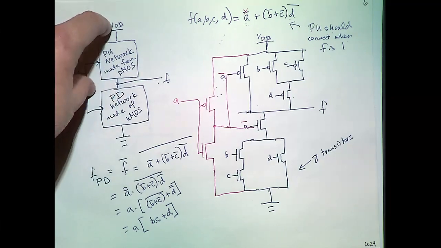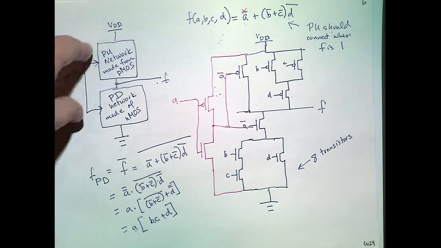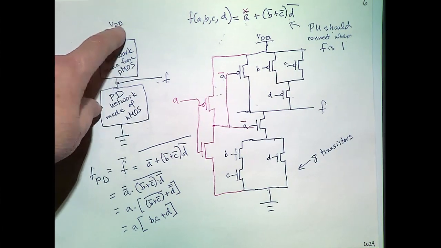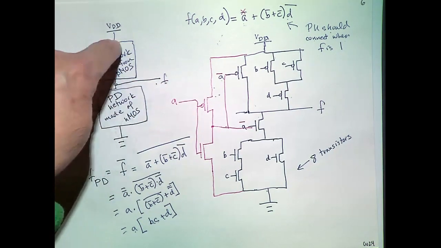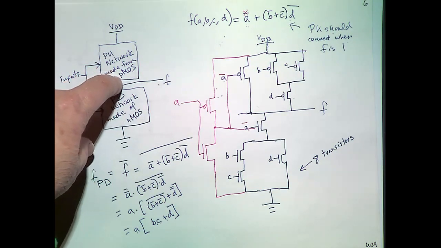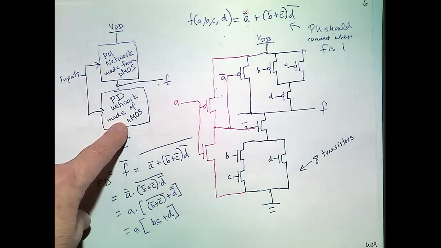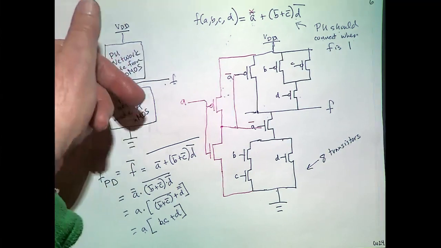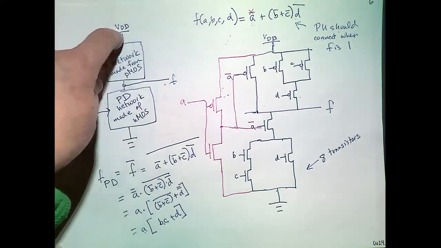We have a pull-up network, and this has to be made of PMOS. Can't use NMOS up here because you're trying to pull up the output, and PMOS can handle that. NMOS can't. NMOS is not good at conducting 1. It's good at conducting 0, which is why we use NMOS for the pull-down. So you can't just flip these 2 and put your PMOS down here.